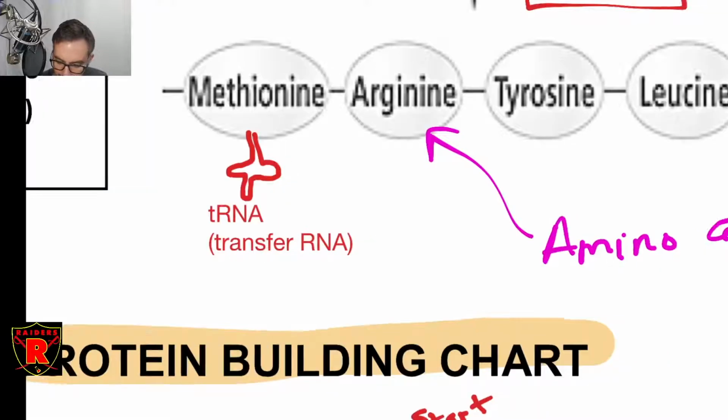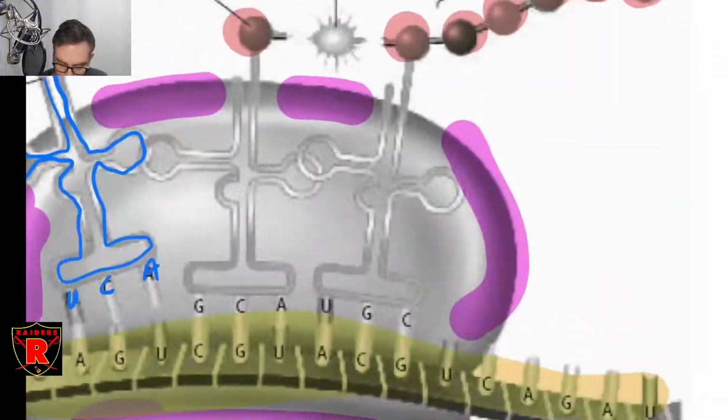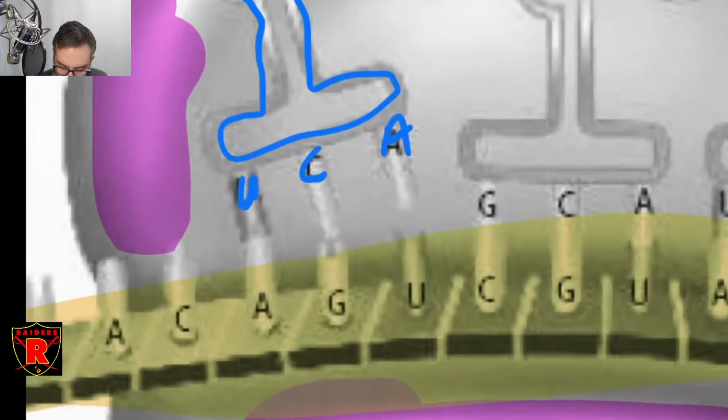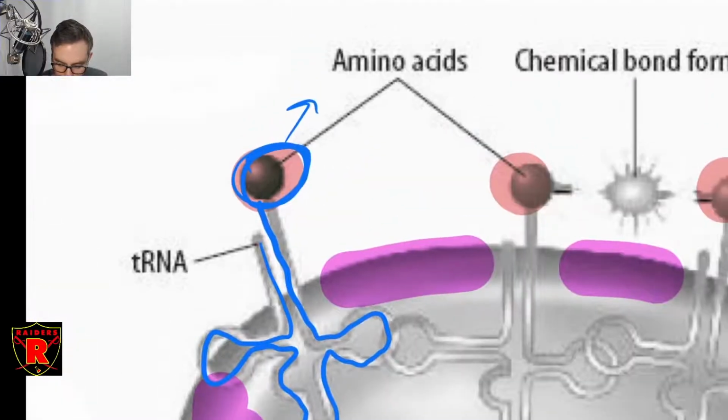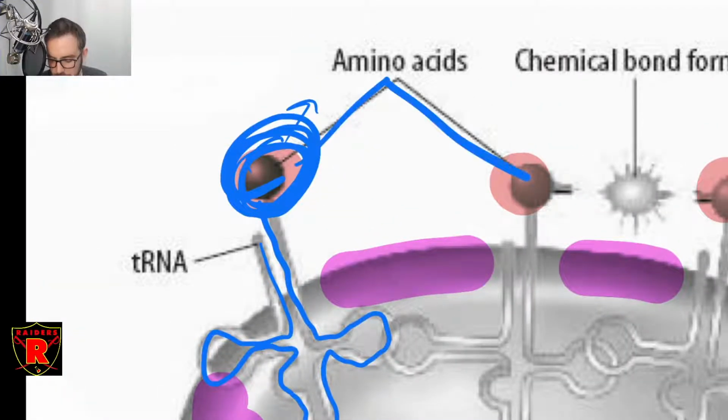Going over to my diagram at the bottom, the tRNA has a little code on it, and that code is complementary to a specific code on the mRNA. That's what allows it to stick to the right thing on the mRNA, and on the other end it will bind the amino acid that's attached in sequence to the protein that's getting built.